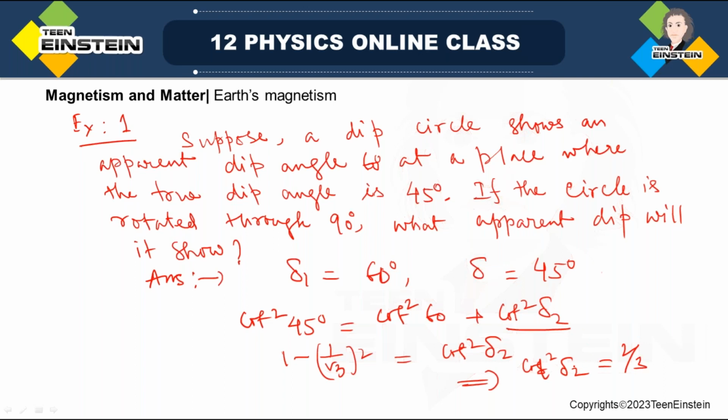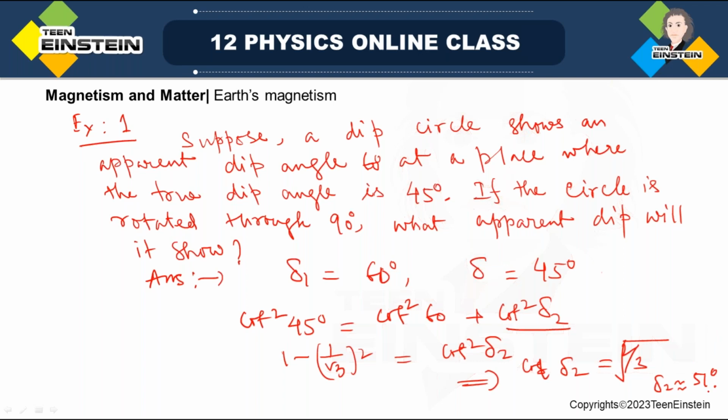Taking the square root and then the inverse, delta 2 will be nearly 51 degrees.